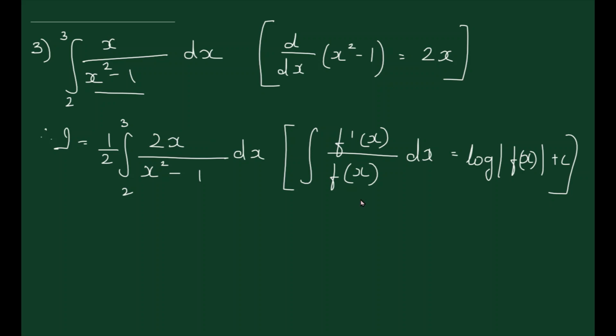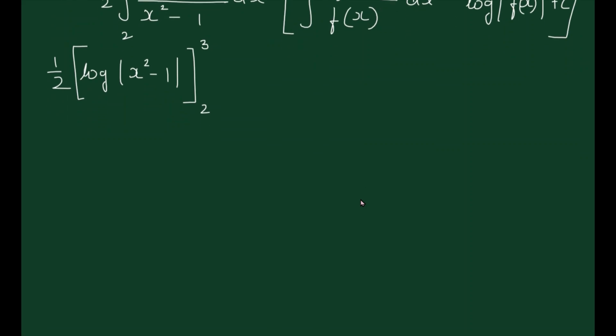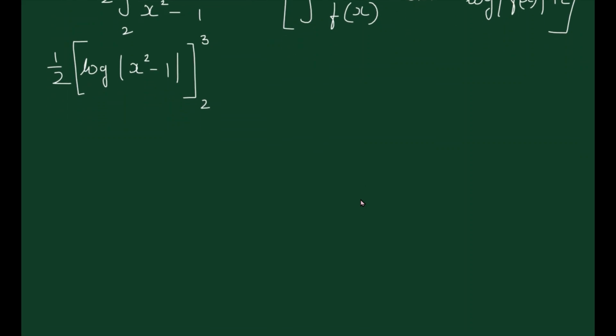So here our answer is going to be log mod of x square minus 1. But then plus c we do not write because we remember that it is definite integration. So from 2 to 3 it is written as, and half is there outside the log sign. Now we substitute the values for x.